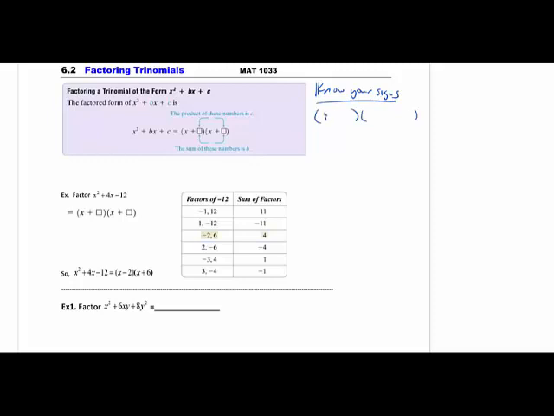We've already said if its leading coefficient's a 1, it has to be an x and an x. And how I'm going to determine my signs is based on first looking at that last term. What I mean by that is it's in descending order, x squared plus bx plus c.